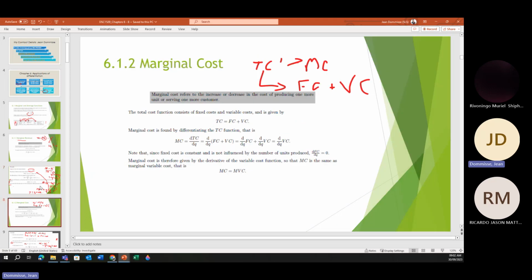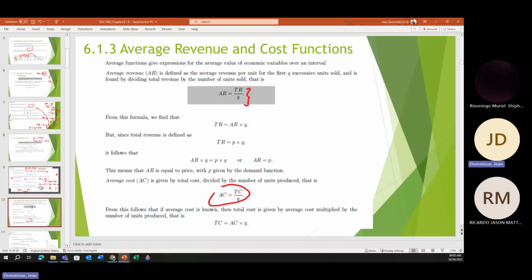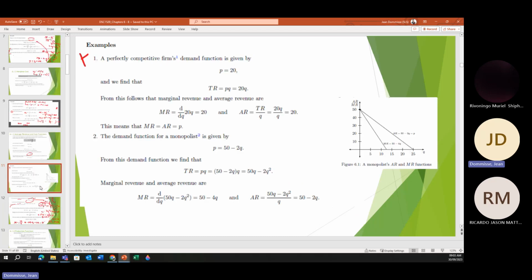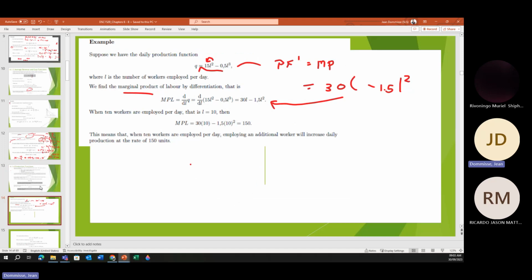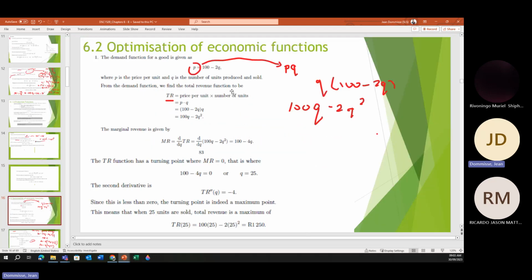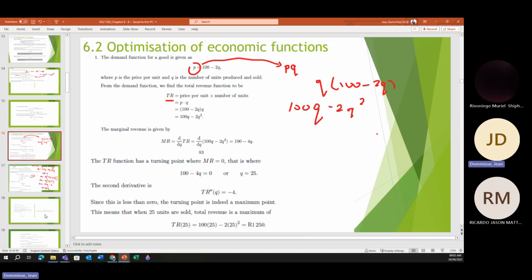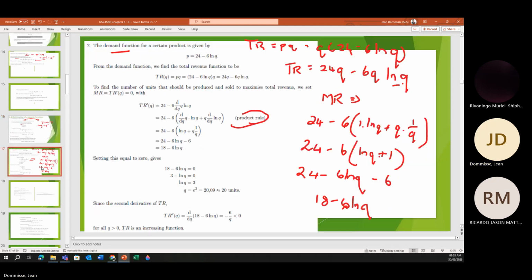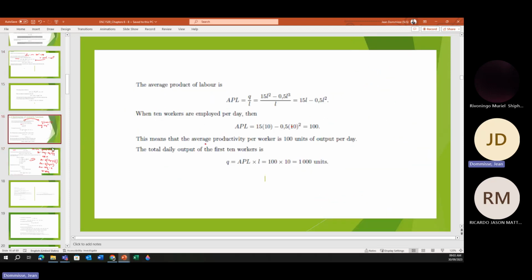Okay, so going to what we did again last time, we went through a few examples of marginal cost functions. Then we went into the average revenues. We went into when we looked at production functions, and then specifically around labor cost and those kind of things. And then we nearly ended off with a few of those examples.